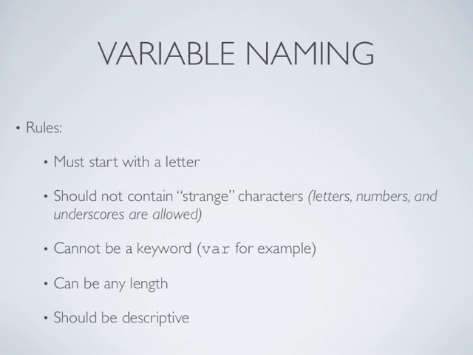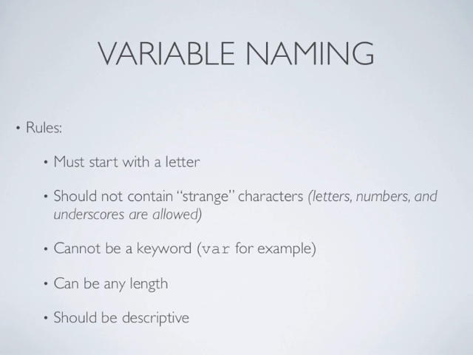Whenever we create a variable, it's entirely up to us to decide what that variable's name is going to be, but there are some rules for naming of variables. For starters, every variable name must start with a letter. It cannot start with a number. A variable name should not contain what I'll call strange characters. You don't want to do things like put periods or asterisks, parentheses, braces, or brackets into your variable names.